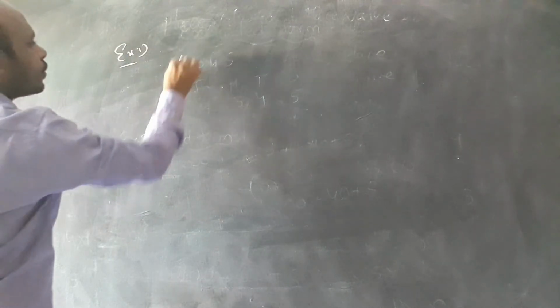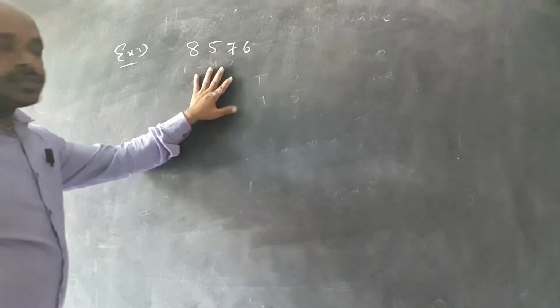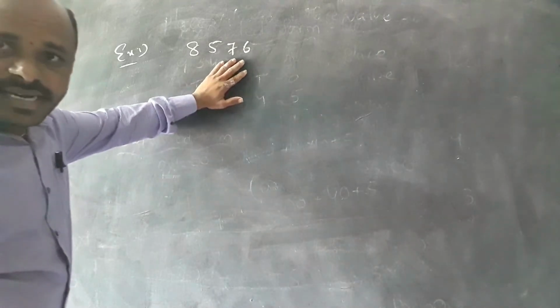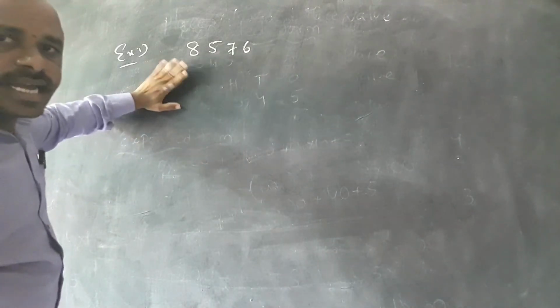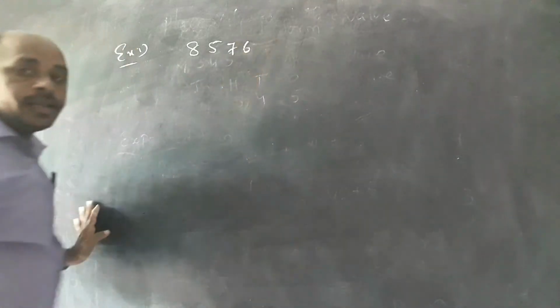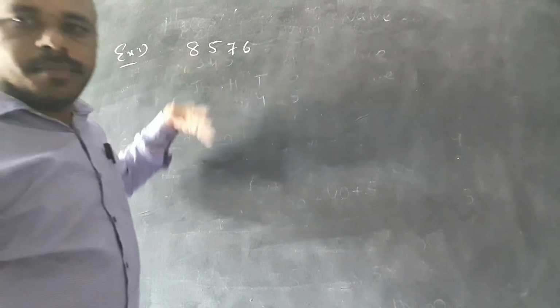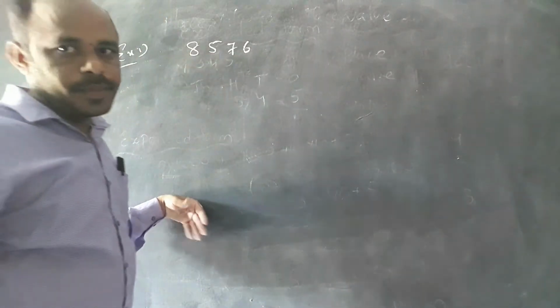See, example. $8,576. First, we will write the number name and the expanded form directly. We will write the number name and immediately we will write the expanded form. Okay?